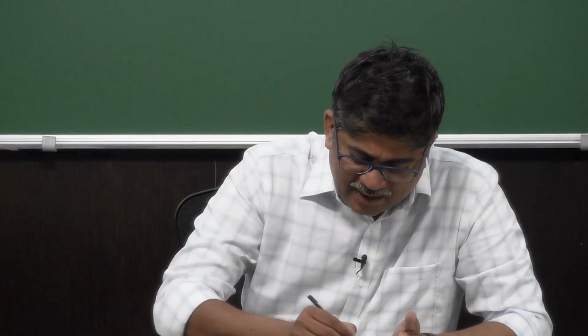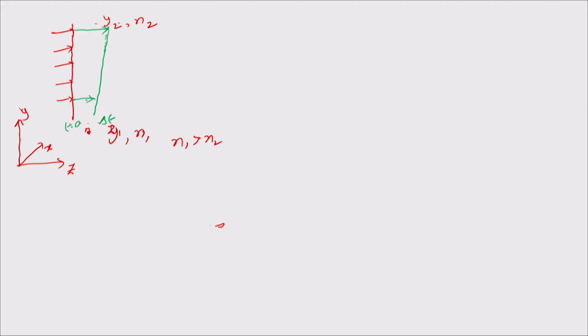Let's say this is the z direction. So on an average, this distance traveled will be delta z2, this distance traveled will be delta z1.